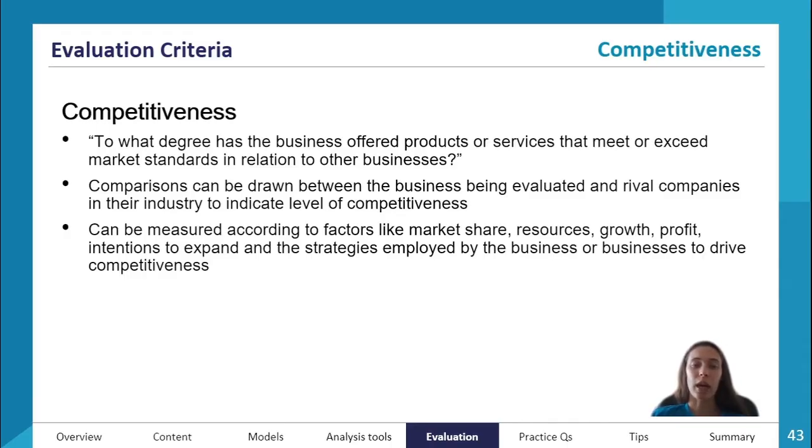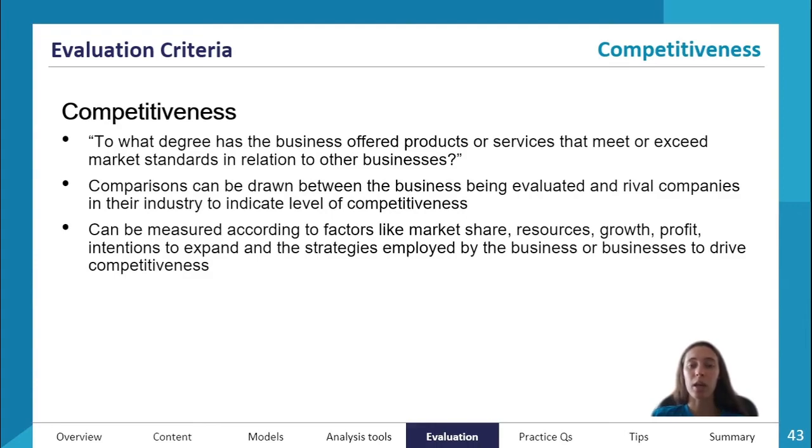You can be comparing it to rival companies in the industry. Of course, it's got to be a relevant, actual competitor that you're comparing the business to, not a business from a different industry entirely. There are a number of ways that you can think about and measure competitiveness.